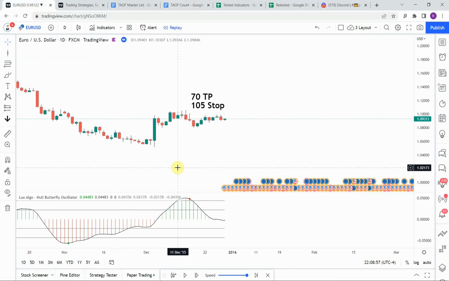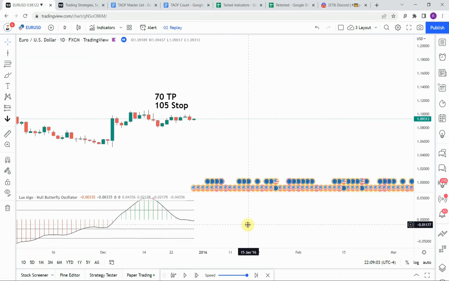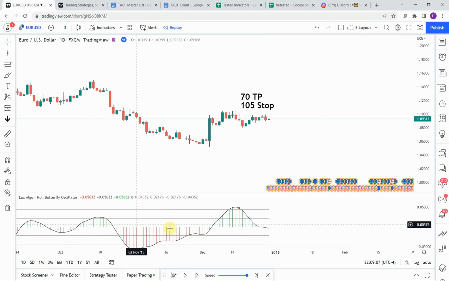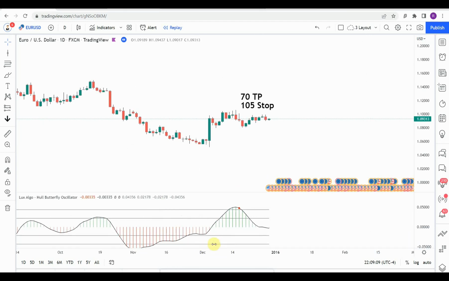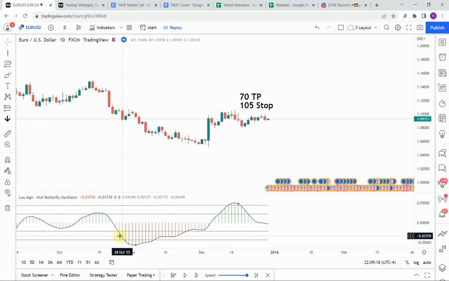Okay, so today's indicator is the whole butterfly oscillator, and you can see it here on the bottom of the screen. Basically the indicator consists of a few different lines here, and then a few different horizontal lines here, and then we have the oscillating line running through.